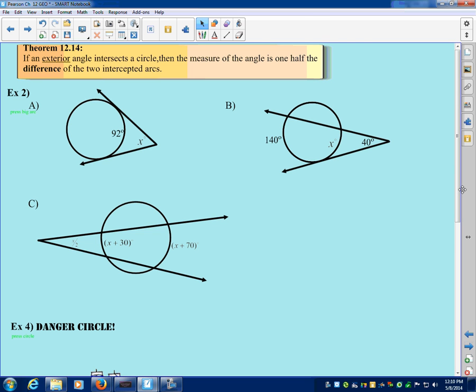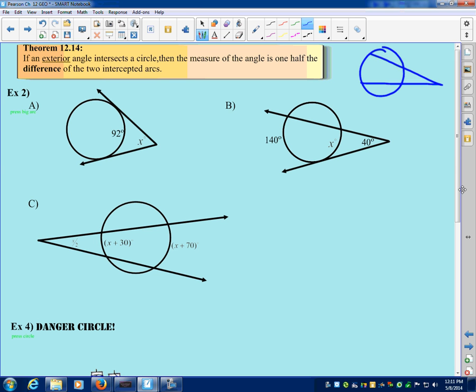Okay, here's what the subtracting one says. If you have two secant lines, these are called secant lines, they go through the circle, they don't have endpoints on the circle, that's a chord.